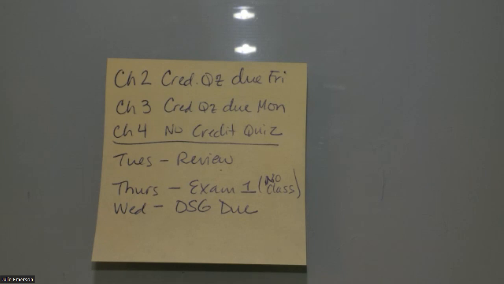So there's going to be questions where you have to type in your work. I know that takes longer. You have, I think, a pretty good amount of time on the exam. So it'll be a mix of multiple choice, some fill in the blank, and then some short answer, show your work questions. So very similar to the credit quiz. There's going to be some things you type in, some things you just pick.